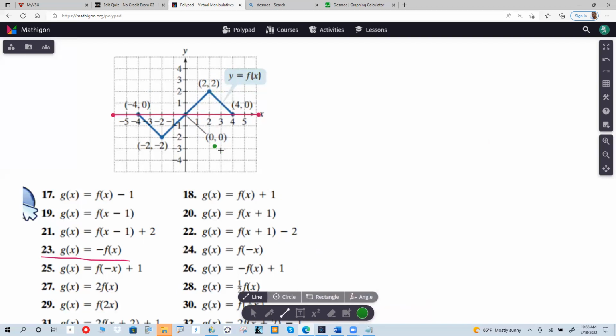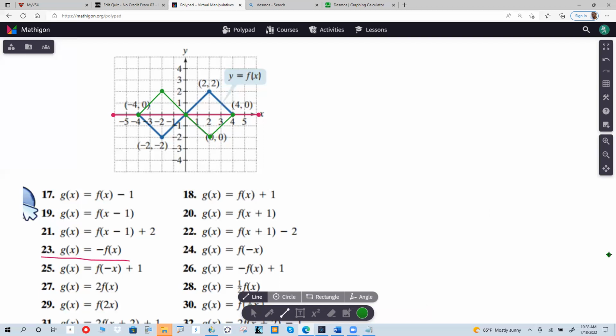This guy will come here. If something is on the x-axis, it will stay on the x-axis. And this part will go up like so. So this green curve is the reflection of the blue curve with regard to the x-axis.